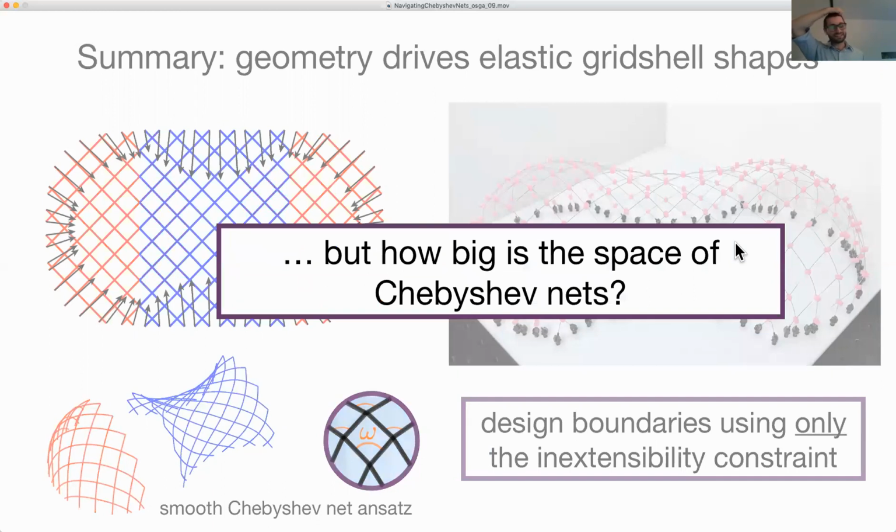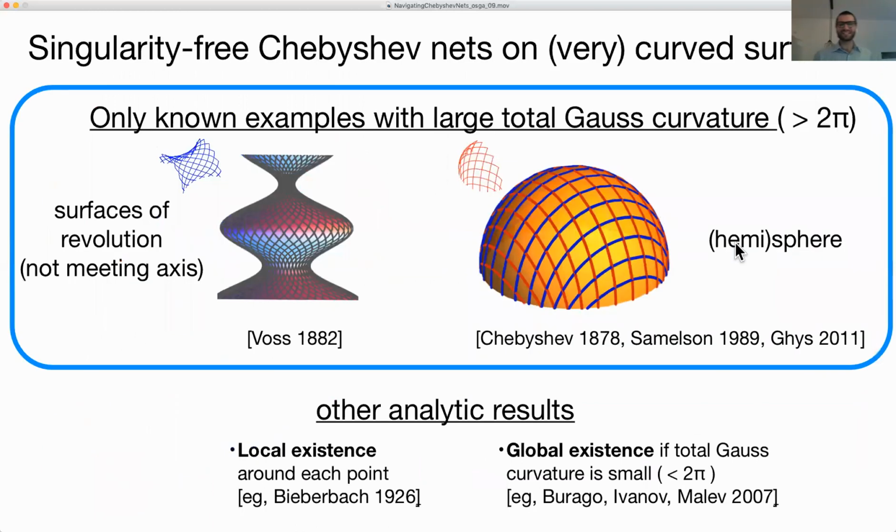So this is nice. We've now taken this elastic grid shell problem and started to reduce it down to thinking about a Chebyshev net. And so the next obvious question is, how big is the space of Chebyshev nets itself? Well, unfortunately, it turns out that the only provable known examples with large Gaussian curvature are surfaces of revolution and the hemisphere.